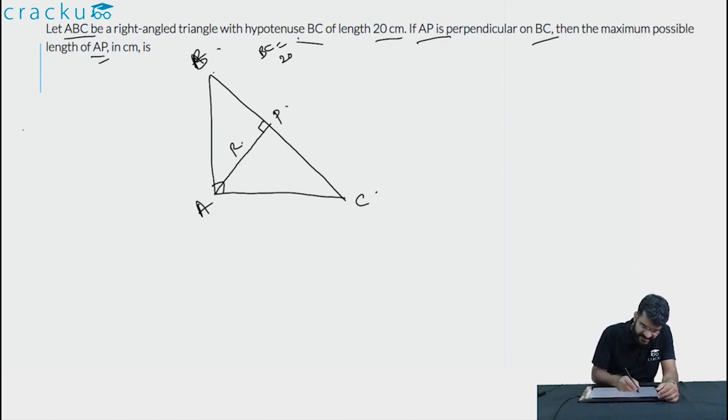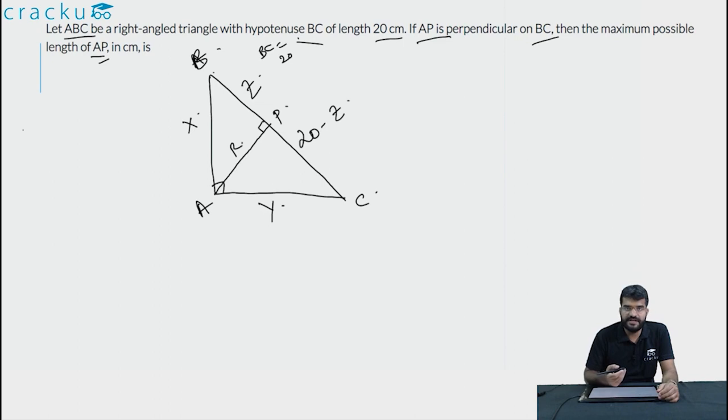So let us start off by assuming that the length of AB is equal to X, the length of AC is equal to Y, the length of BP is equal to Z. Now if BP is equal to Z, the length of PC will be 20 minus Z. Why would it be 20 minus Z? Because we know that the length of BC is equal to 20, so we are just subtracting Z from 20. Now we will use Pythagoras Theorem multiple times.